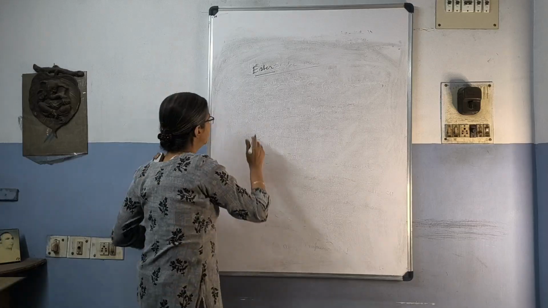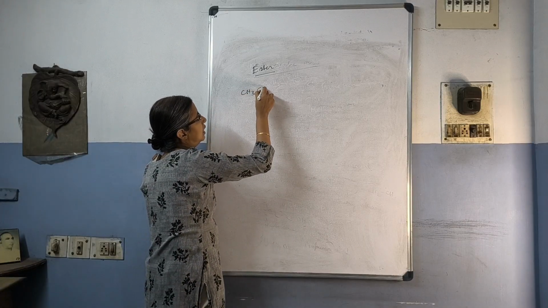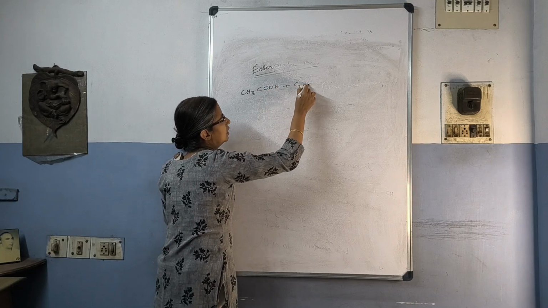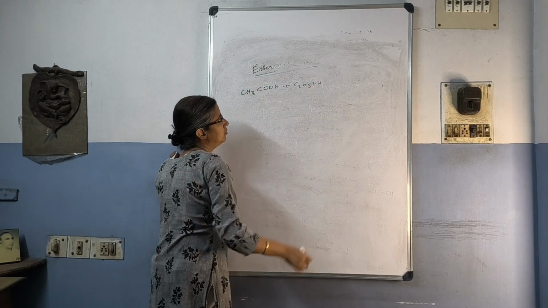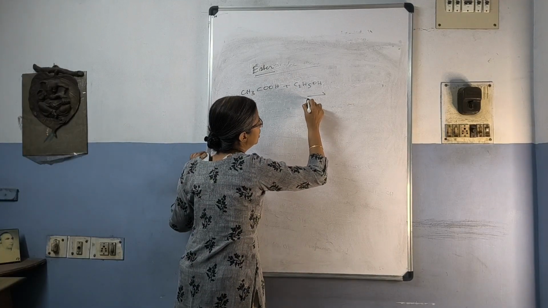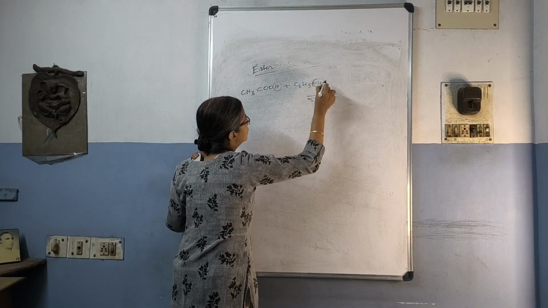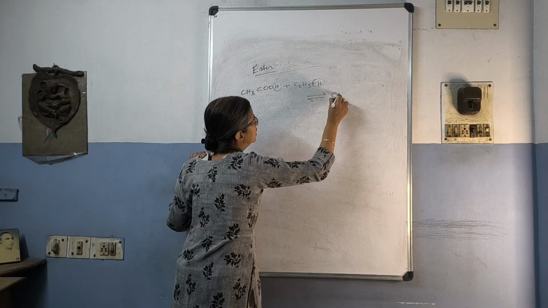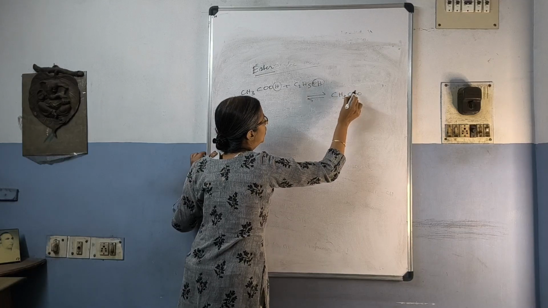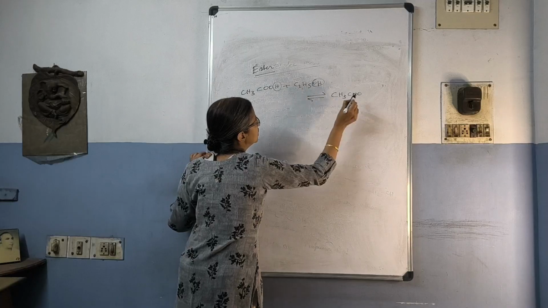What is it? It is the combination of acid and alcohol. Just like we have acid and base give salt and water, here it is acid and alcohol, which gives this one and this one goes off, and we will have CH3COOC2H5. Mind that, CH3COOC2H5.